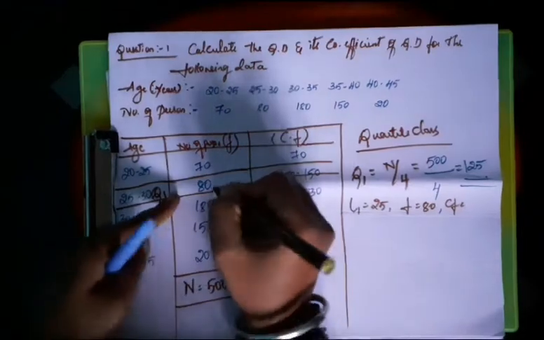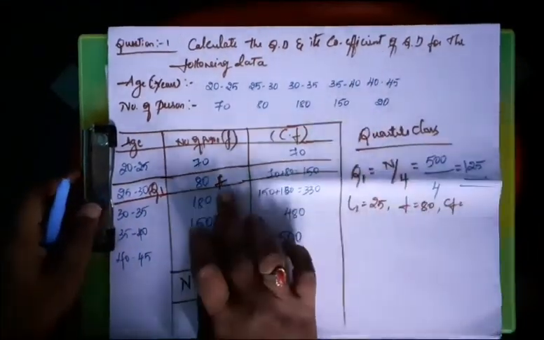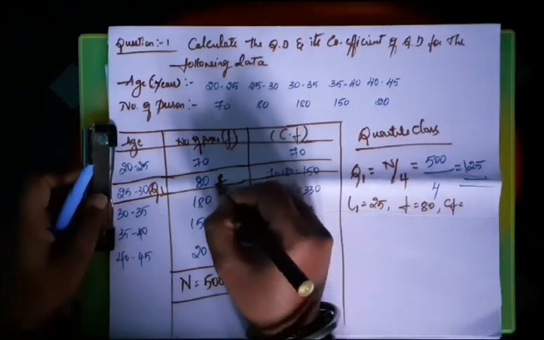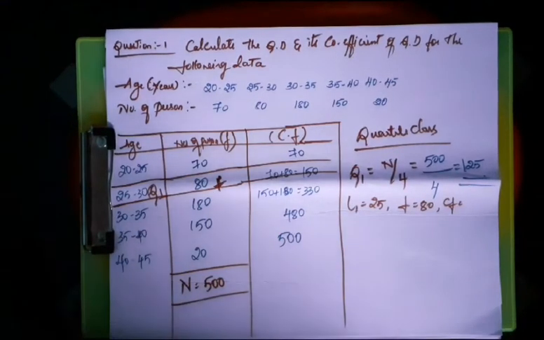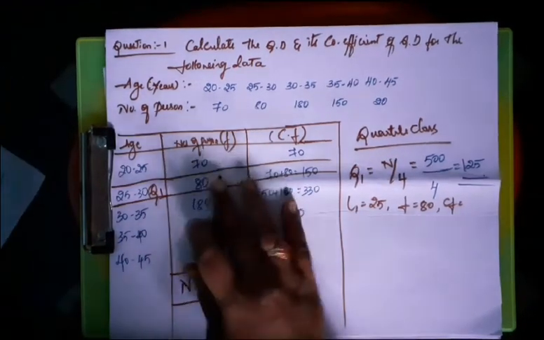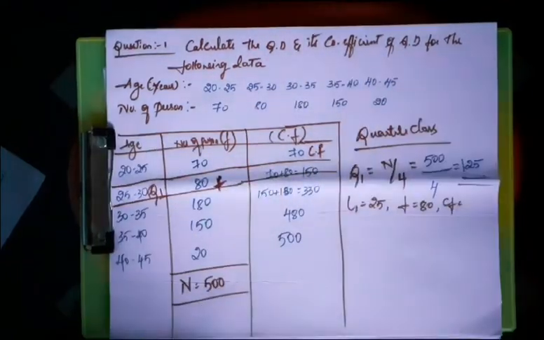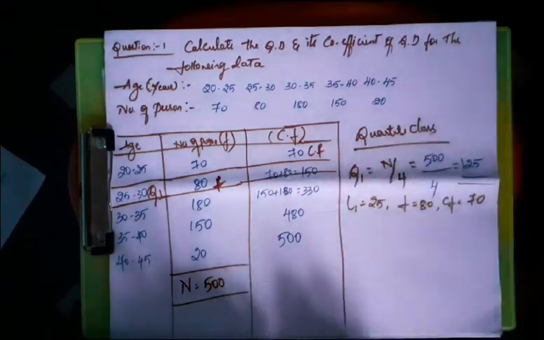That means this is the frequency for the class interval, and the preceding cumulative frequency is what we have to consider under cumulative frequency. So this is the cumulative frequency for Q1. So 70 is the cumulative frequency.